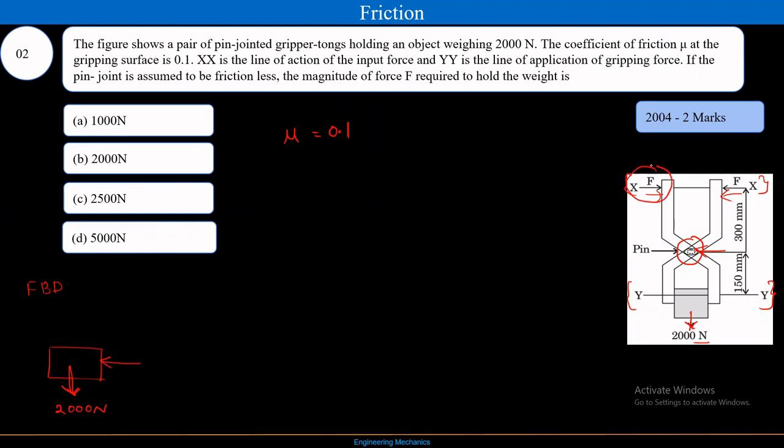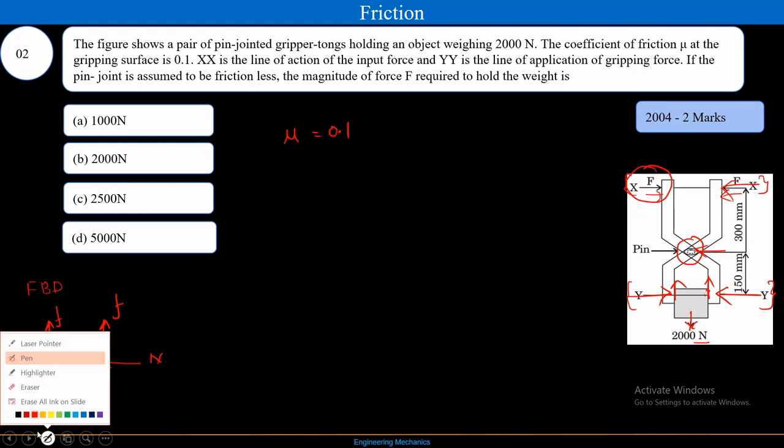As a result of this force, I will experience one normal force here, and as a result of this force, another normal force here. I can say this is also N. And there is a friction force between the tongue surface and the surface of the block, one frictional force here and another here.